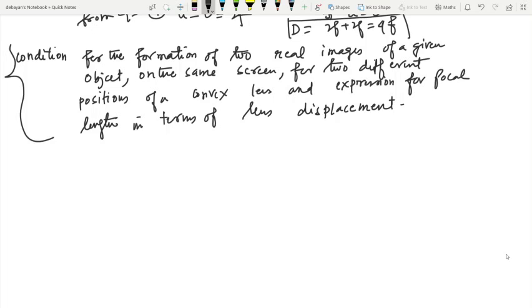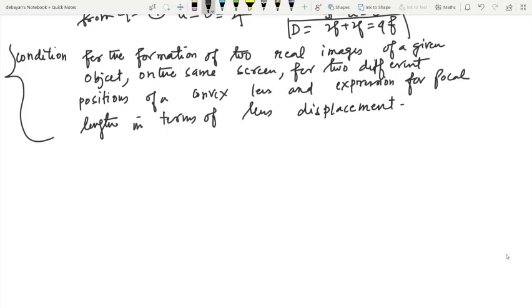Now if we put this into the formula, 1 by v minus 1 by u is equal to 1 by f, that is 1 by D minus u plus 1 by u equal to 1 by f, that is u square minus Du plus Df equal to 0. That is the quadratic equation that we get.